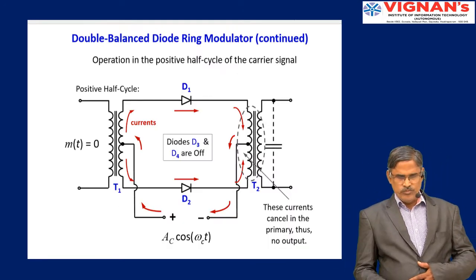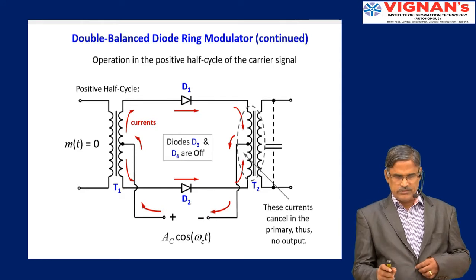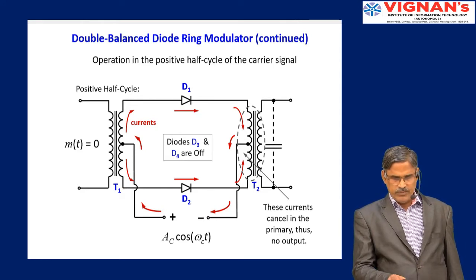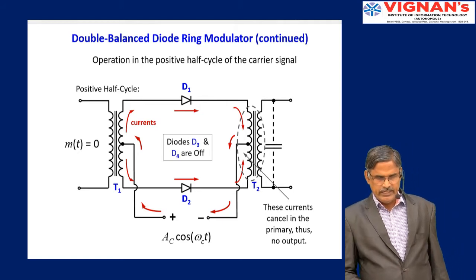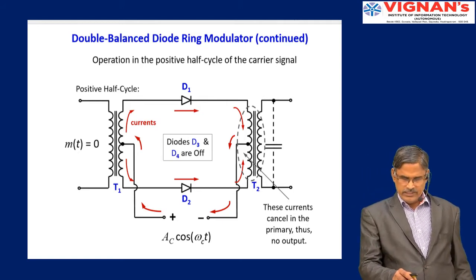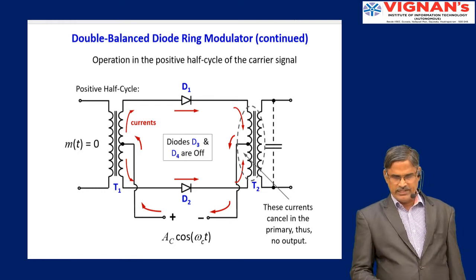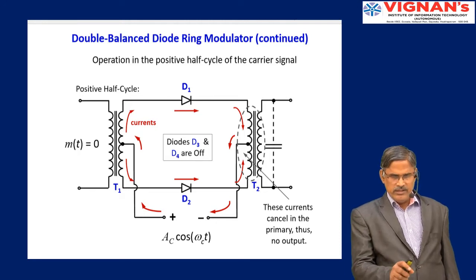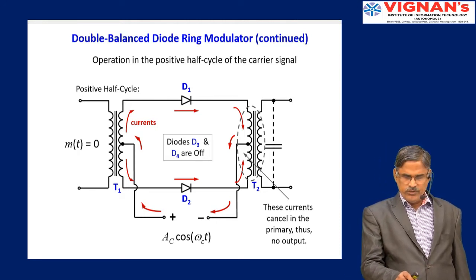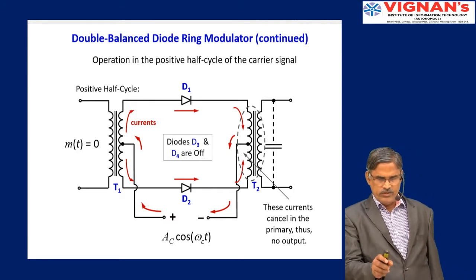See, when Ac cos omega ct is a positive pulse, that pulse starts from the positive point and reaches the center tap of the input transformer secondary. There it divides into two currents, and because the voltage is very quickly going to a high value, the diode is on.